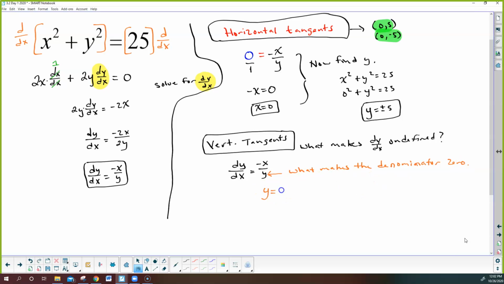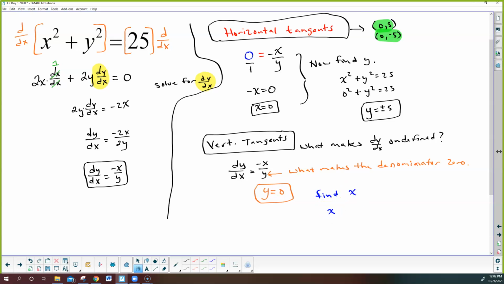Well, if y is 0, I can't divide by 0, therefore I have an undefined slope. Remember, dy/dx is slope. So that's my y value, but now I have to find the x that goes along with it.